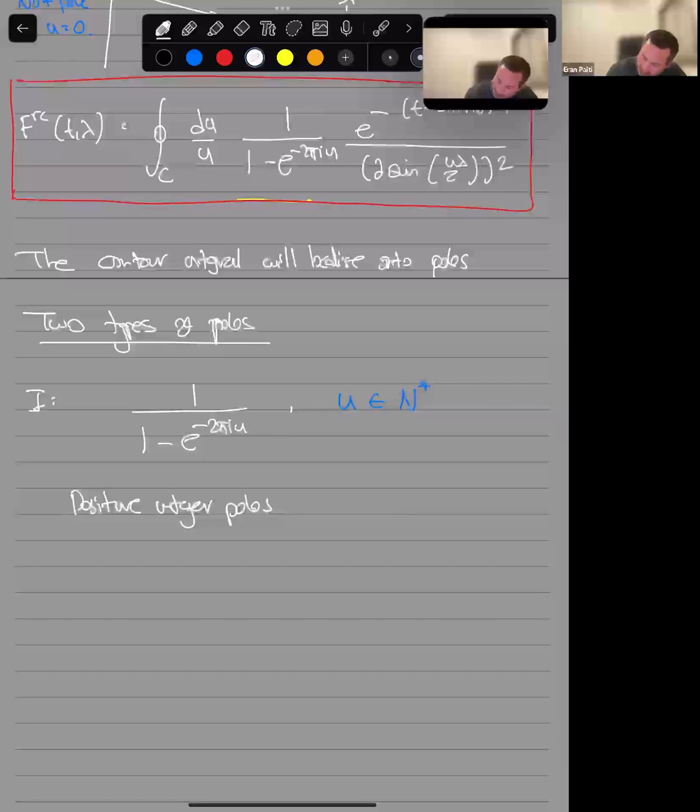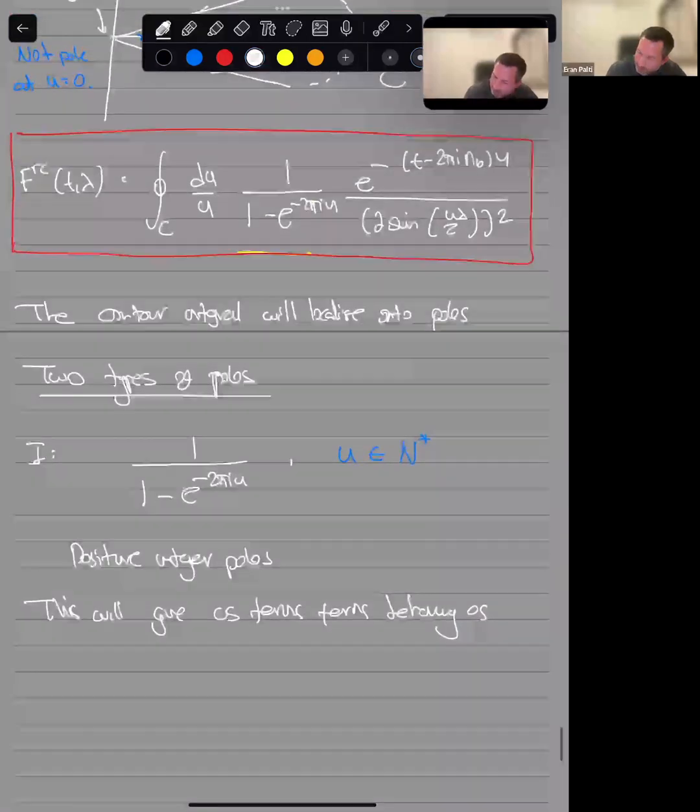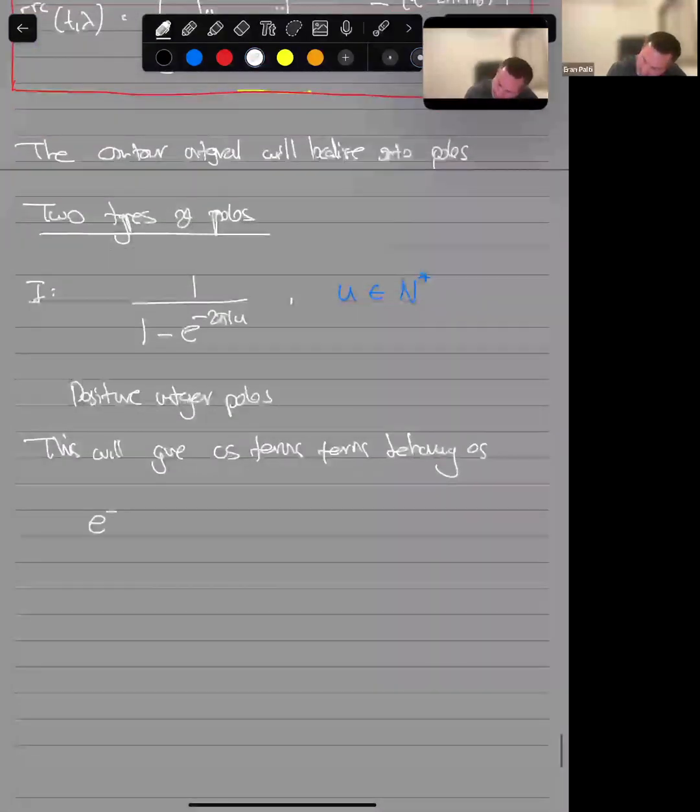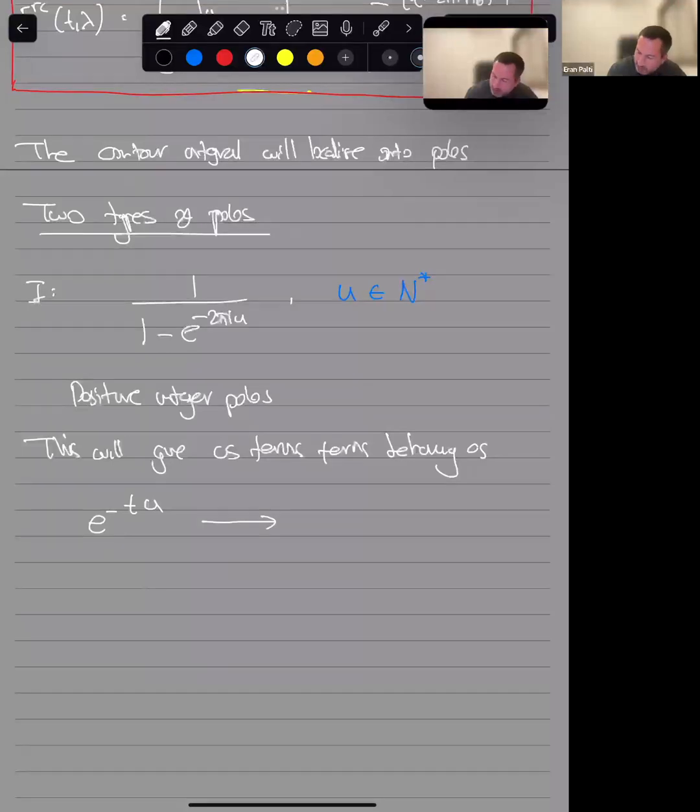So this will give us terms behaving as e to the minus tu, but now we're localizing onto integer poles, so e to the minus kt, and we're going to get a sum over k, this kind of terms.